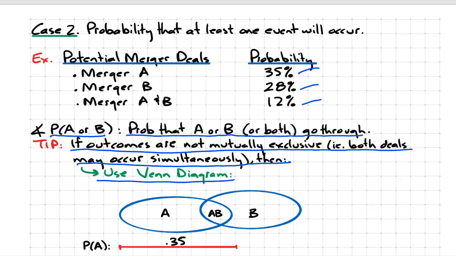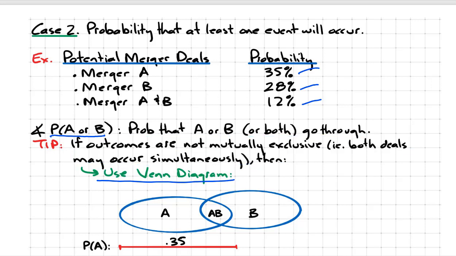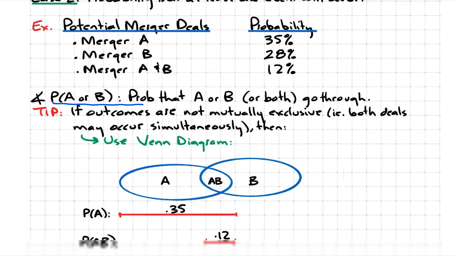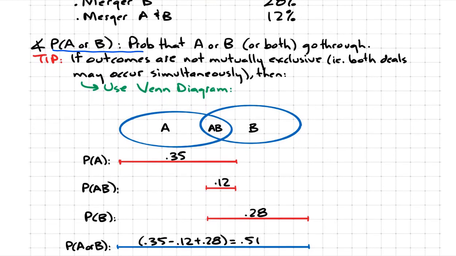Now, how do we know that these events are not mutually exclusive? Because it's right there. They're telling us that there is a chance that both deals may go through at the same time. So let's see how we can answer this question. In other words, we want to know the probability of at least one of these deals going through, if not both going through. And here's the way the Venn diagram works.